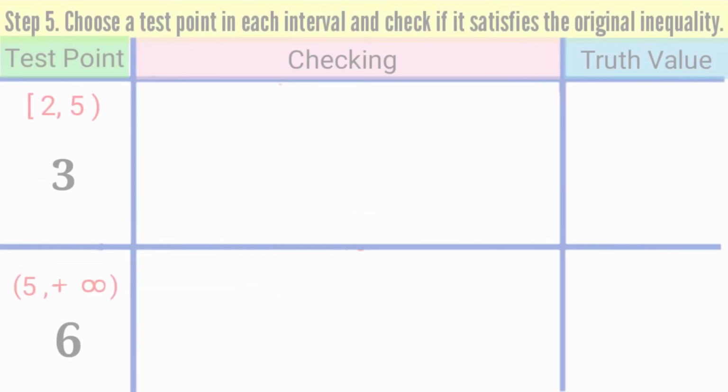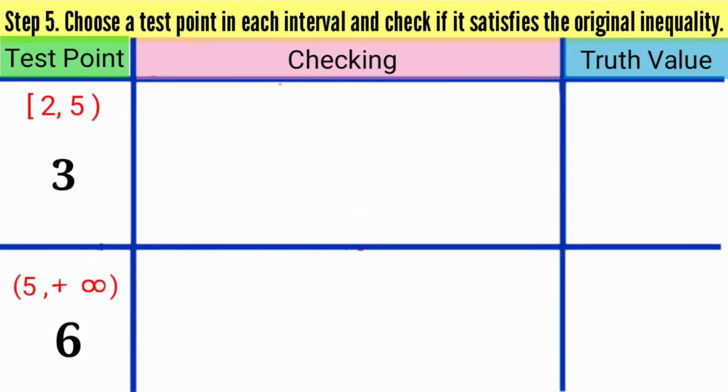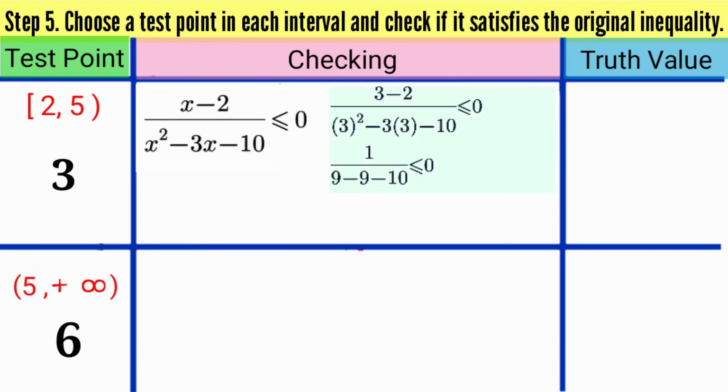Now, substituting positive 3 into the original inequality will give us negative 1 over 10 less than or equal to 0.